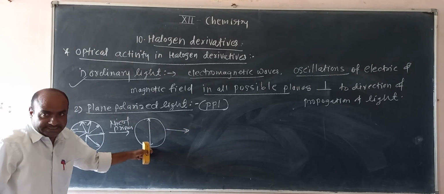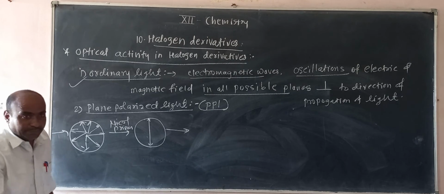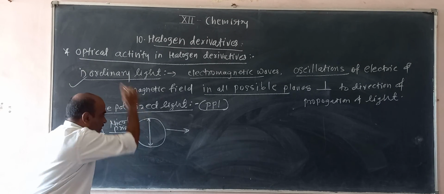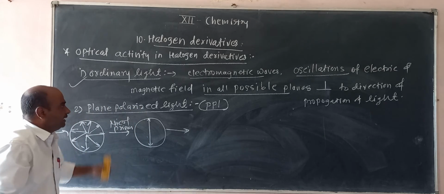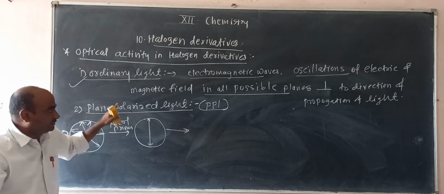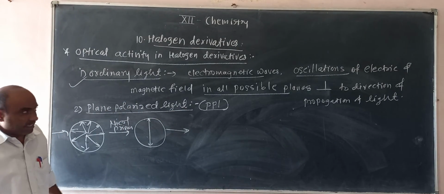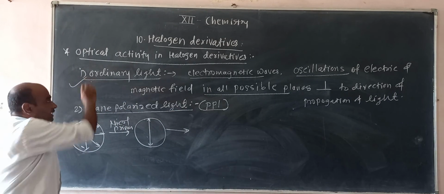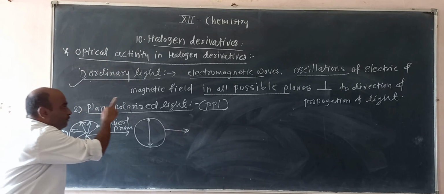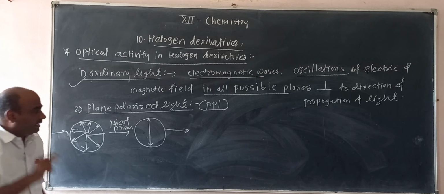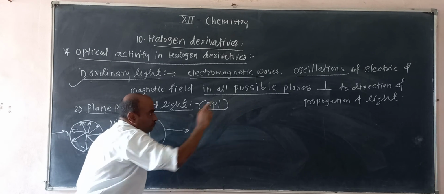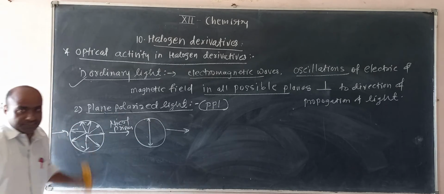Light which shows oscillations in only one plane is called plane polarized light. Remember well that ordinary light vibrates in all possible planes, whereas plane polarized light vibrates in only one plane, perpendicular to the direction of propagation of light.